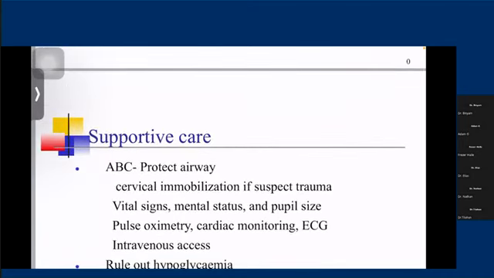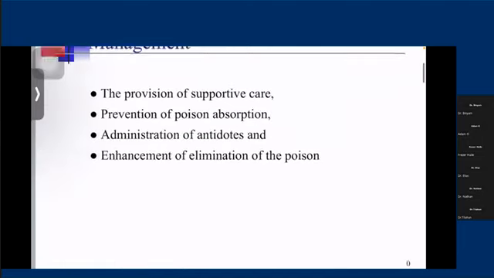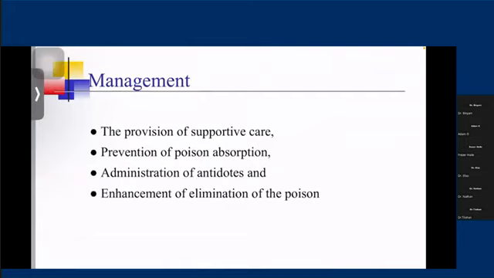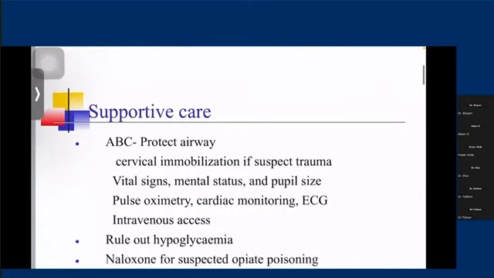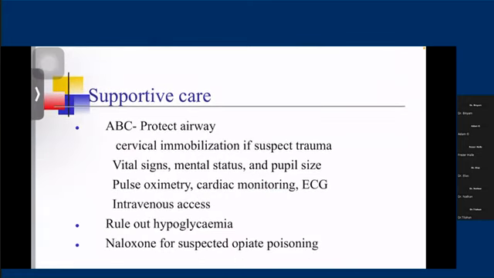Supportive care is the most important one. Before even going to the next steps, we have to always consider giving supportive care, which includes securing the ABC of life and then subsequent follow-up and management.